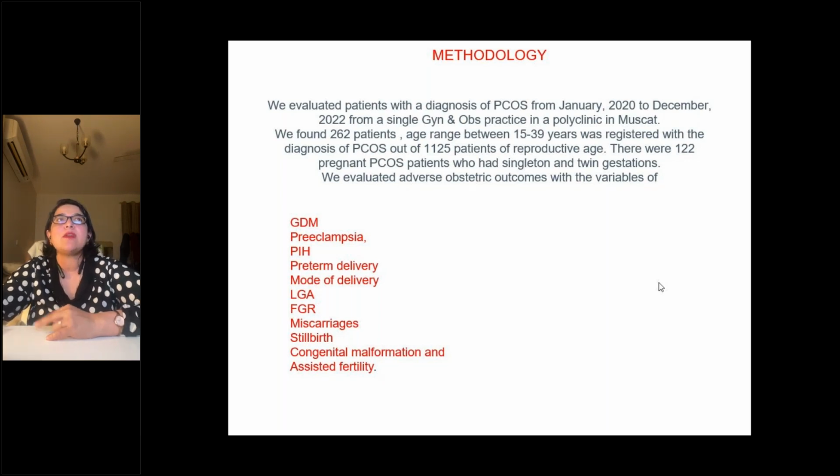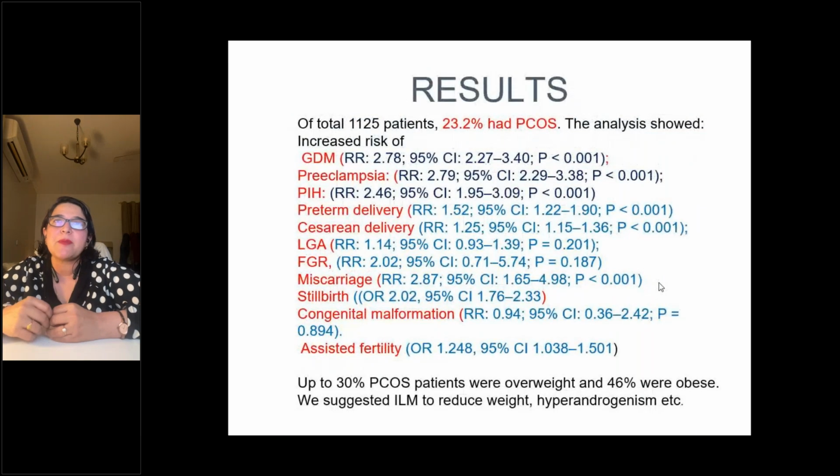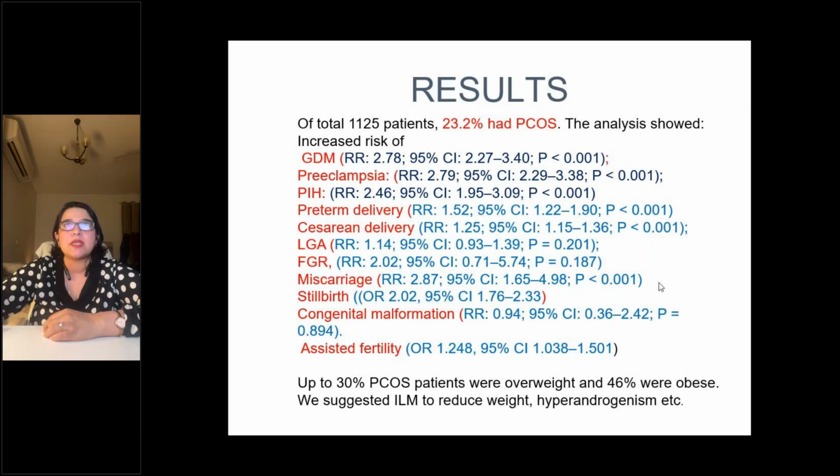In our study, a retrospective cohort study, we evaluated patients with the diagnosis of PCOS, polycystic ovary syndrome, from January 2020 to December 2022 from a single OBGY unit in a Polyclinic in Muscat. We found 262 patients aged between 15 to 39 years registered with the diagnosis of polycystic ovary syndrome, out of which 1125 patients were of reproductive age.